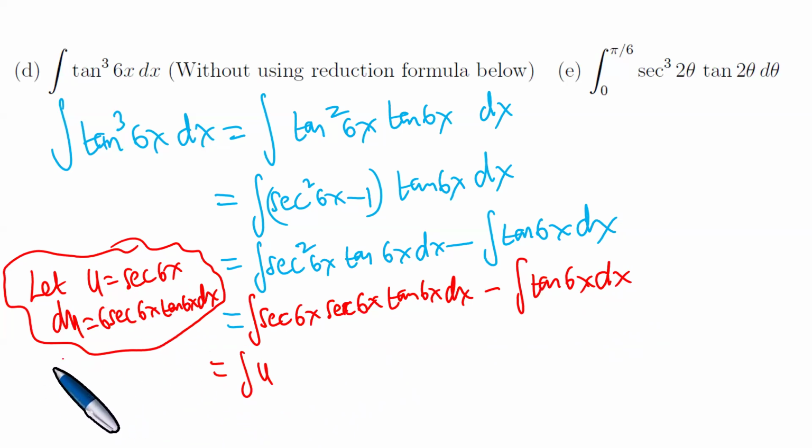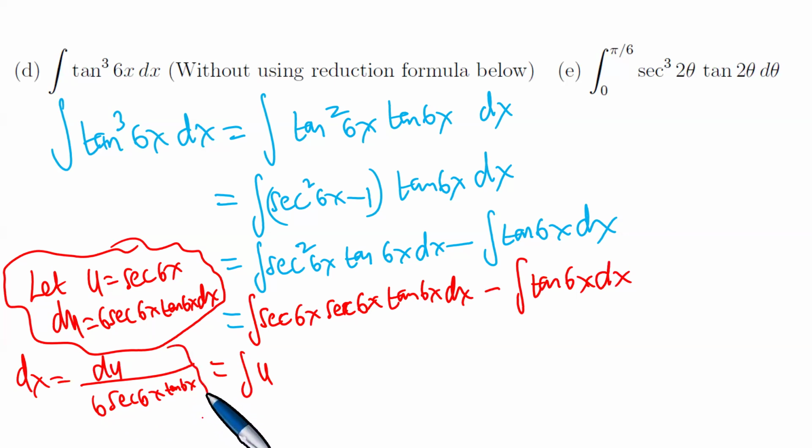Yeah, I mean, there are many ways to do this. So you can make dx the subject here. So dx is du divided by 6 secant of 6x tangent of 6x.